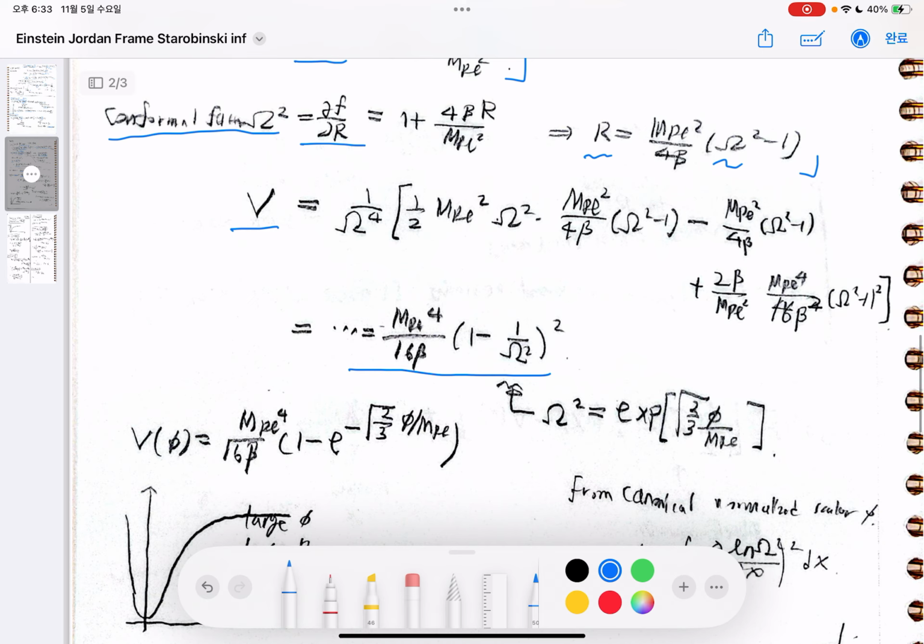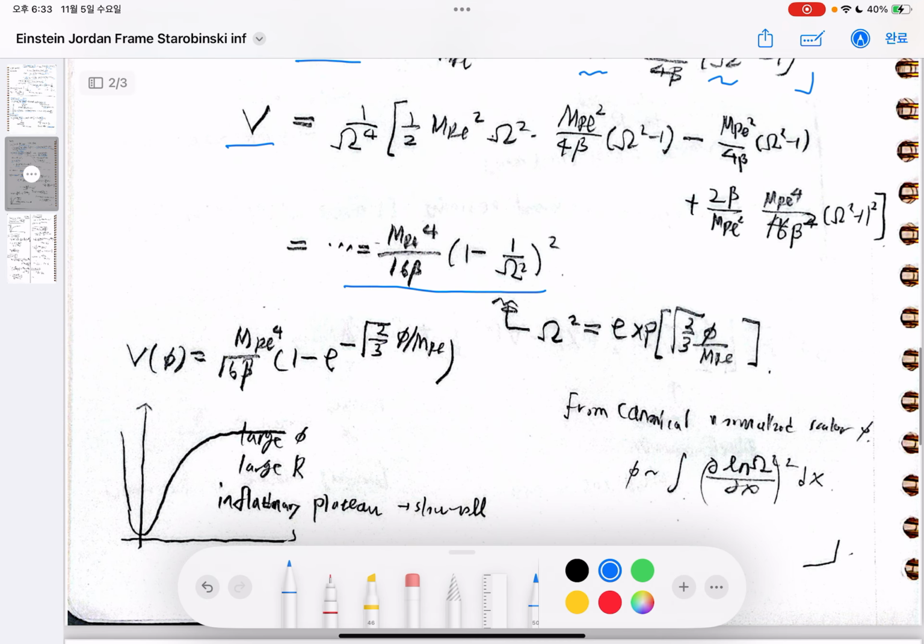And by giving the scaling factor from the canonically normalized scalar field φ, the result for the scalar potential in the Einstein frame for R squared inflation has the following form, with exponential of minus φ over M_Planck.